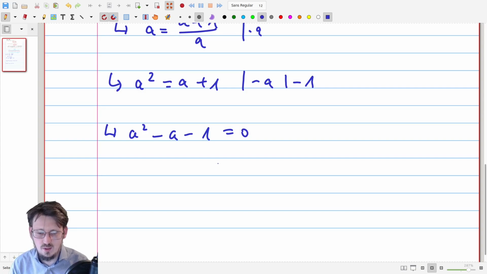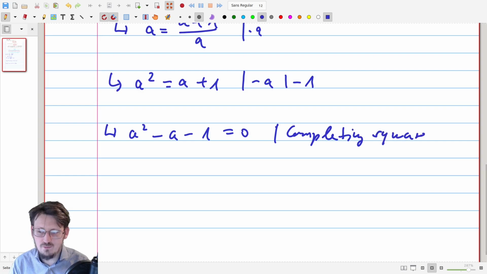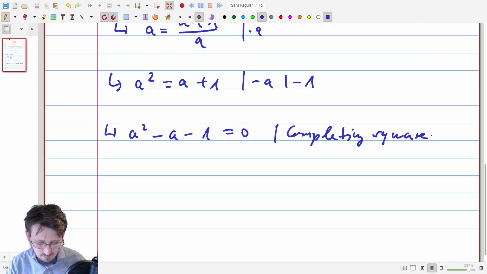Because I thought in order to practice this a little bit more, I would use now the method of completing the square. This we have also used for deriving the PQ formula, but I think it's quite instructive to do it in such a way.